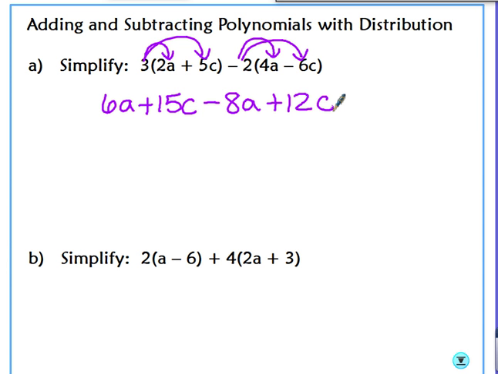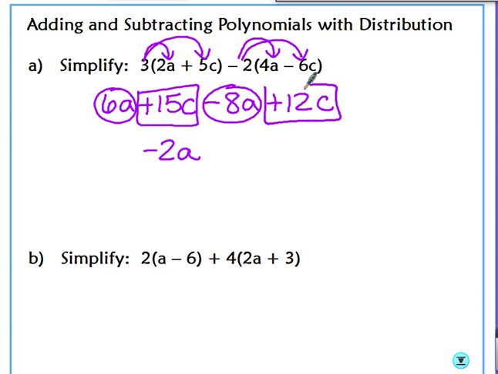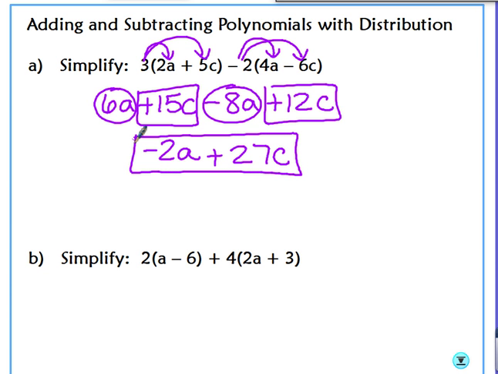When I go to write my solution, notice how I will keep the variables in alphabetical order. The solution comes out to be negative 2a plus 27c.